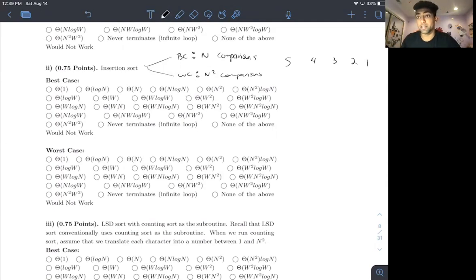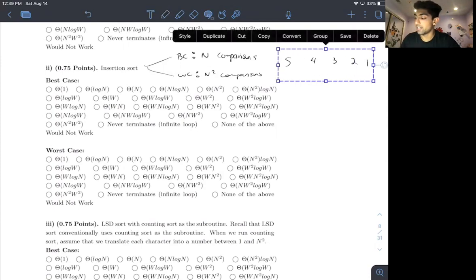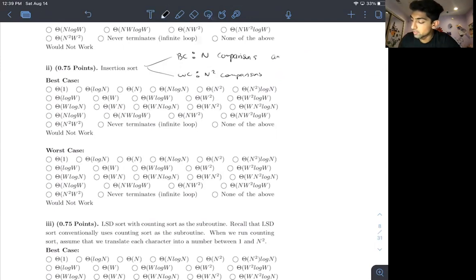So if I'm looking at the best and worst case runtime, the best case is that we do n comparisons, and each comparison is constant time. Right?